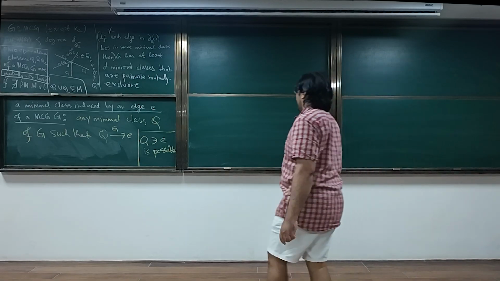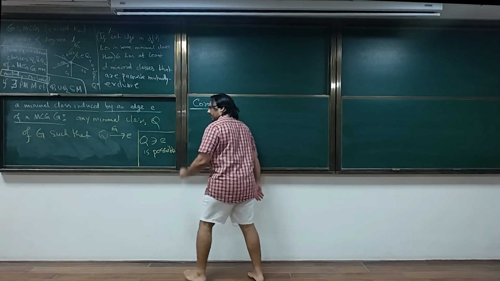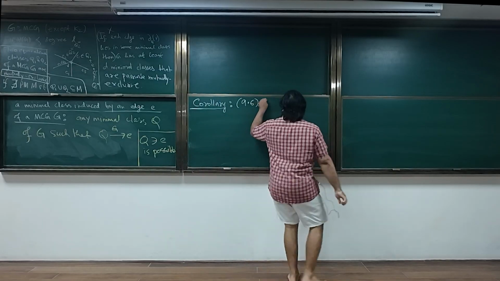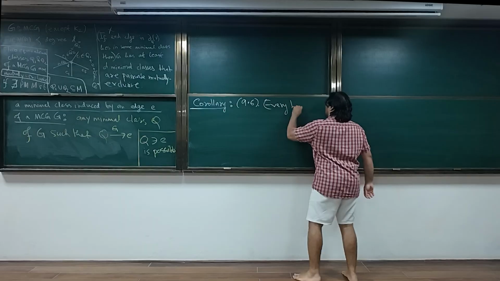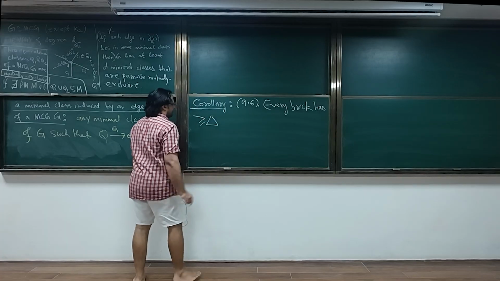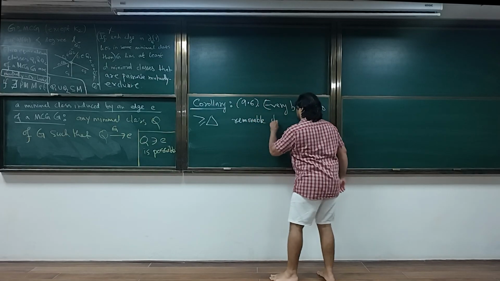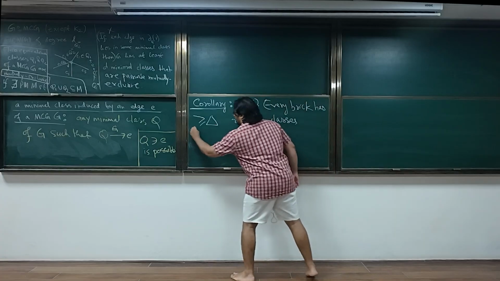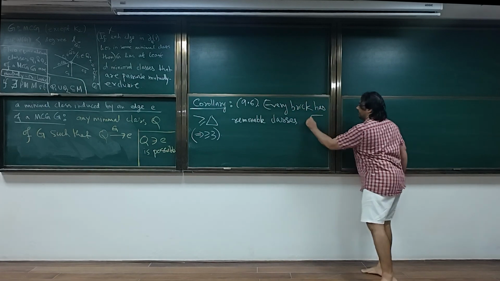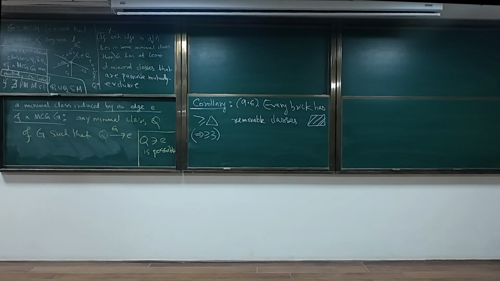Therefore, a corollary is, in fact we can write in terms of delta, this I think is 9.6: every brick has at least delta, max degree, removable classes, and since bricks are 3-connected, this implies at least 3. Much stronger. Right? This is the power of dependence.